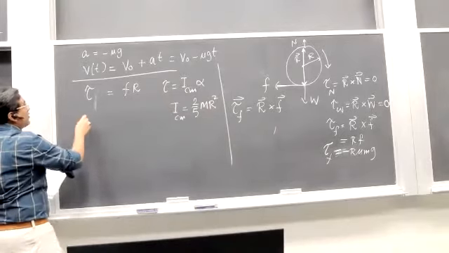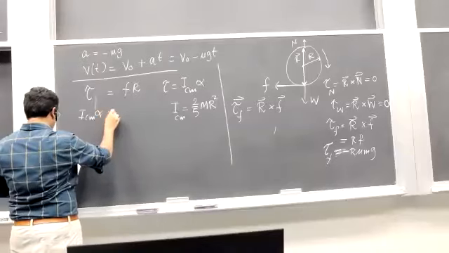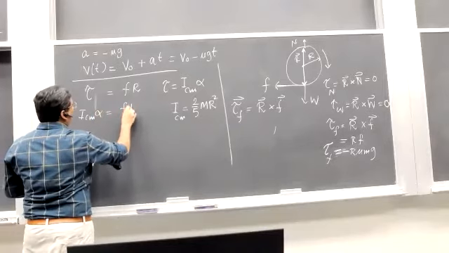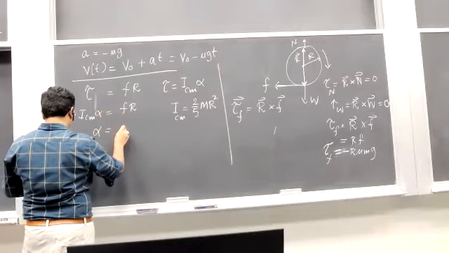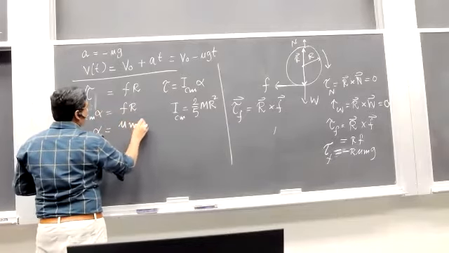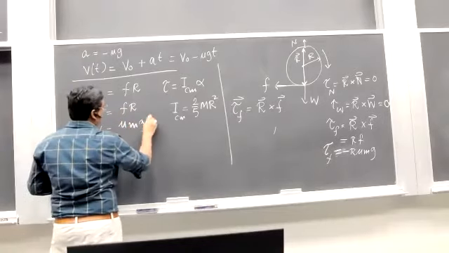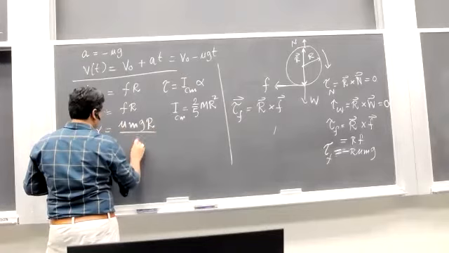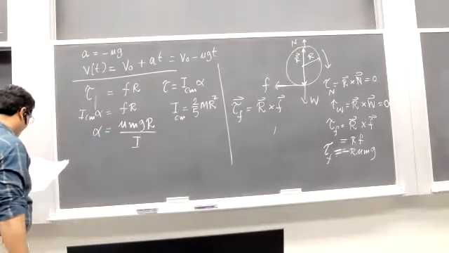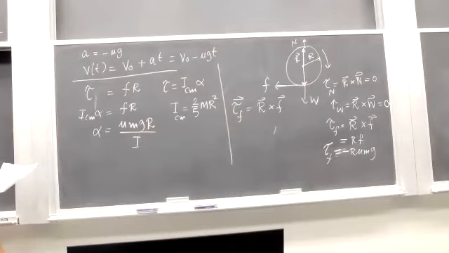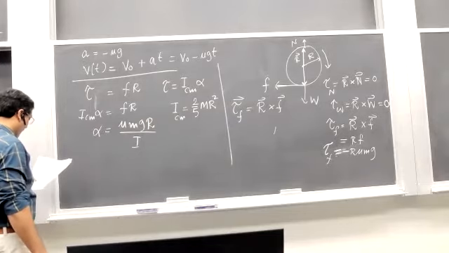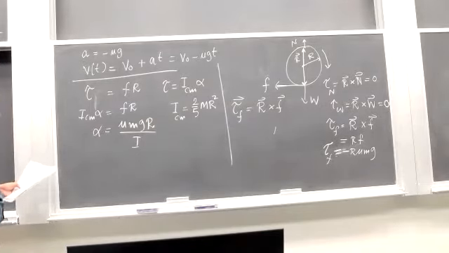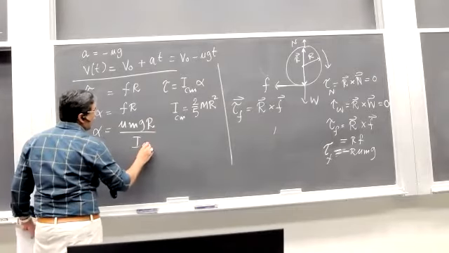And then if you equate these two equations, you get I_CM alpha equals F R, and then alpha simply becomes mu m g R over I. Okay? So that is the angular acceleration.